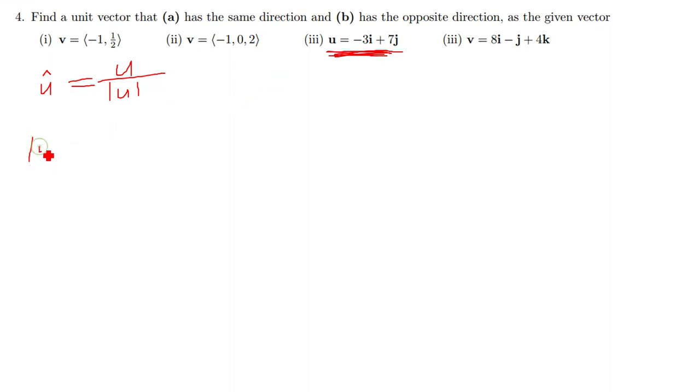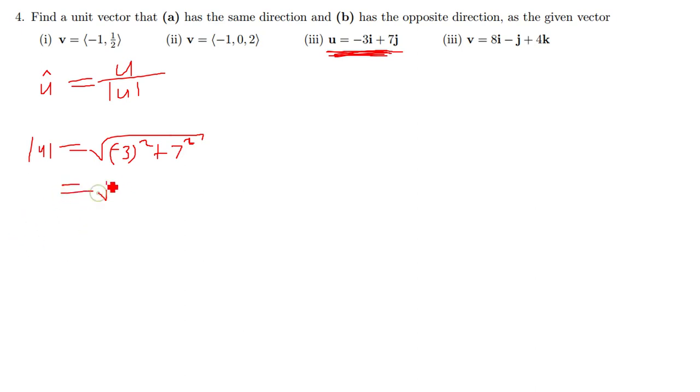So the magnitude of u is simply equal to the square root of -3 squared plus 7 squared. Alright, so what you can do with this one is simplify it.